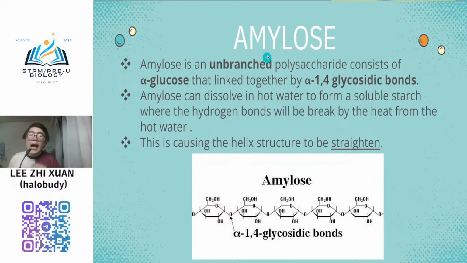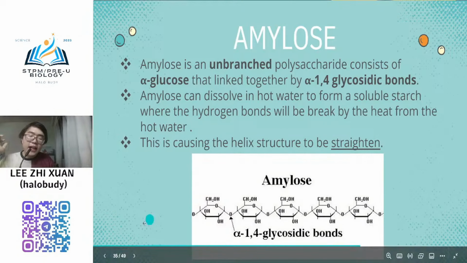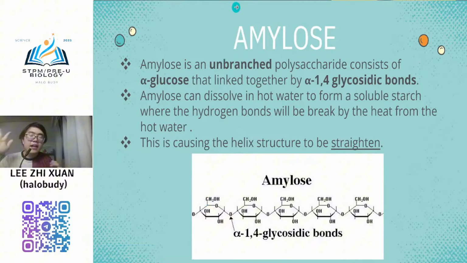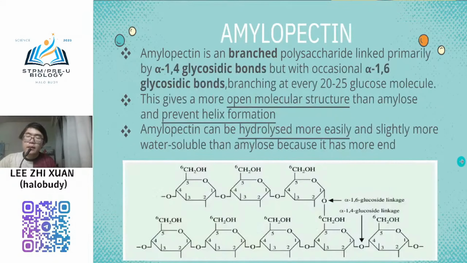And this one is unbranched, just long, only one line. There is nothing coming out from here. Only one line. So this will cause the helix structure to be straightened.